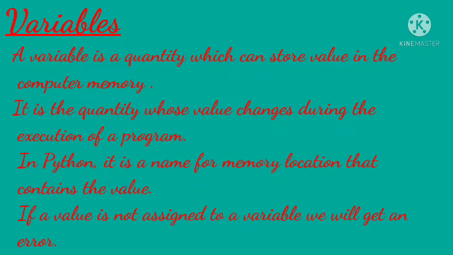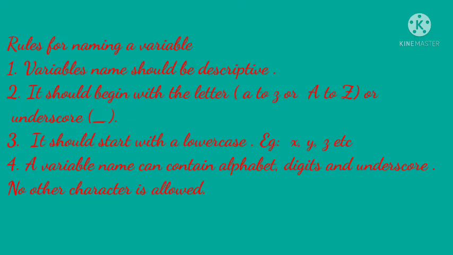If we do not assign a value to a variable, an error message will be displayed. For naming a variable, we have to follow some rules, and they are: the variable name should be descriptive and should begin with a letter, that is A to Z, or with an underscore. It should start with a lowercase letter and contain alphabets, digits and underscores, and we cannot use any other characters.